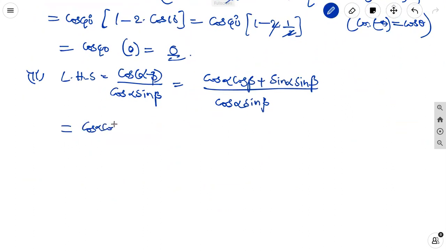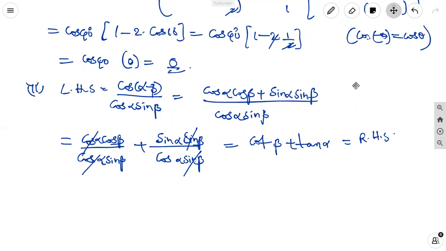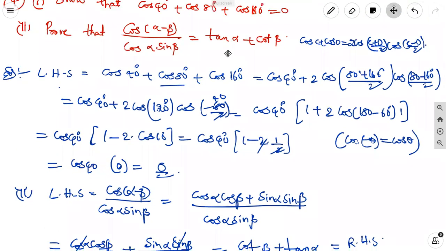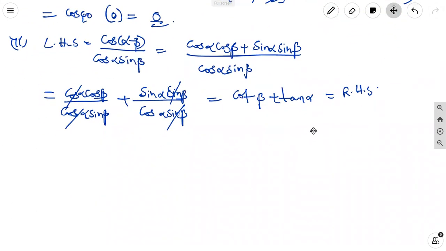That is cos alpha cos beta by cos alpha sin beta plus sin alpha sin beta by cos alpha sin beta. Here sin beta cancel, cos alpha cancel. It is equal to cot beta plus tan alpha. It is equal to RHS. So just we can observe that this is tan alpha plus cot beta. It is also tan alpha plus cot beta.